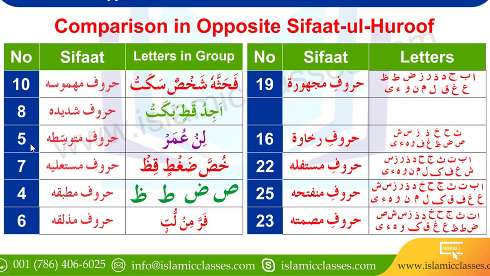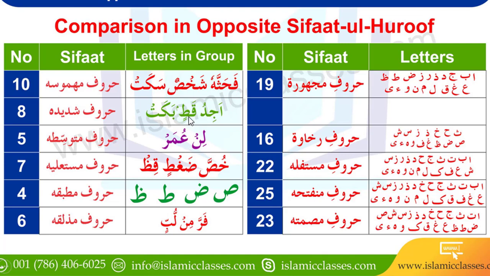And between huruf shadida and huruf rakhawa, the letters of shadida and the letters of rakhawa, there is another quality which we read, that is mutawassita, or al-bayniyya, huruf mutawassita, and this quality has 5 letters, which are lin umar.